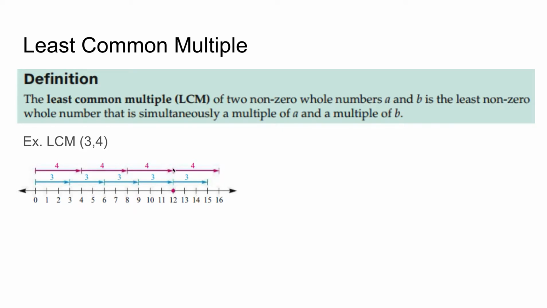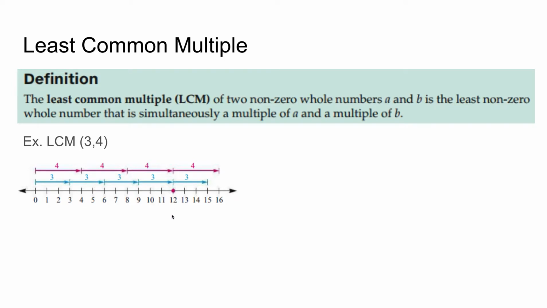But we see that these numbers here, both red arrow and green arrows, both fall on 12. So 12 is one of the common multiples, right? Of course, there are more on 24 and 36. They are all common multiples. But the least common multiple out of that list is, of course, 12.